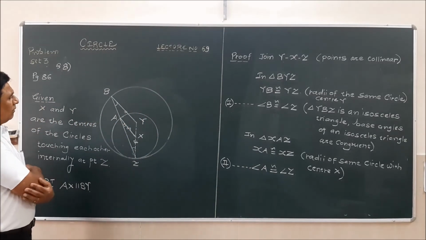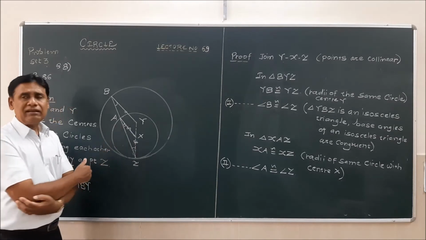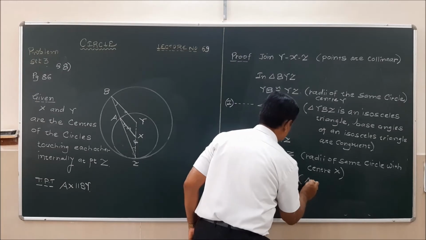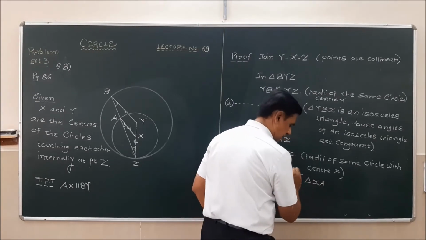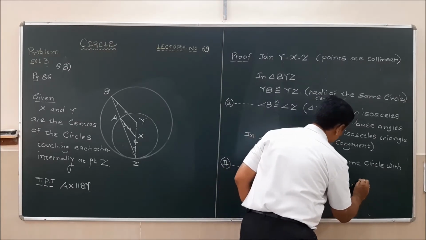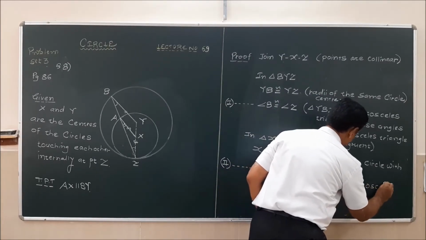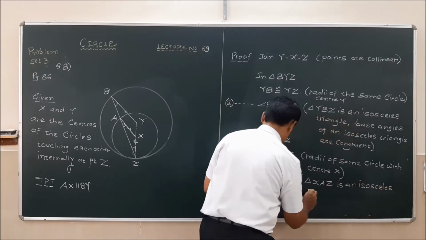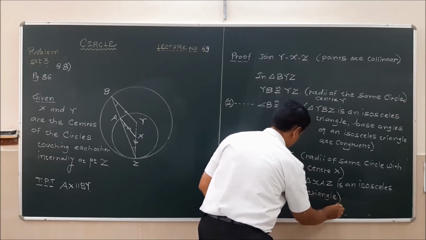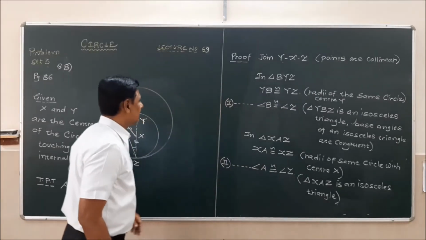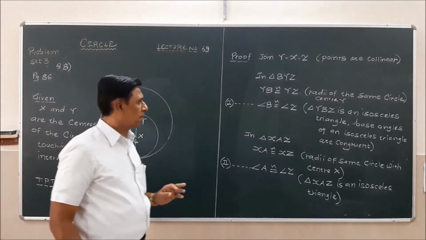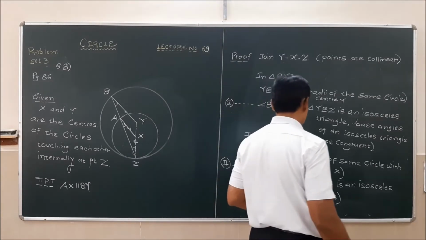Why this 2? Because triangle XAZ is an isosceles triangle.